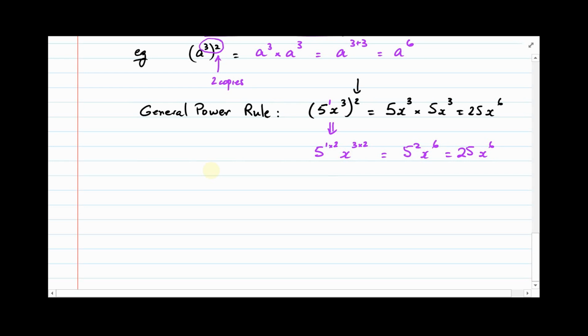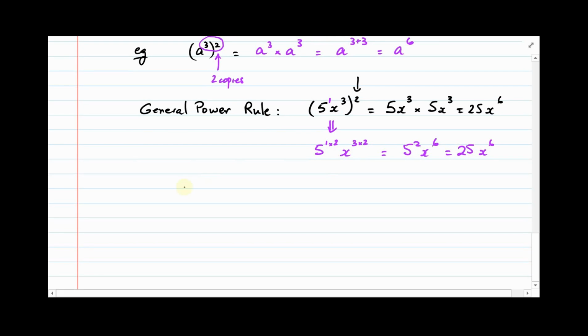So let's write this power rule a bit more generally. And we typically do it in this fashion. a to the p, b to the q, over c to the r. If I raise all of that to the nth power, I would have a to the pn, b to the qn over c to the rn.